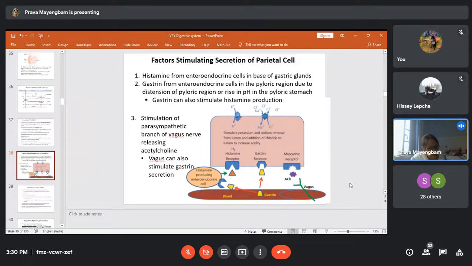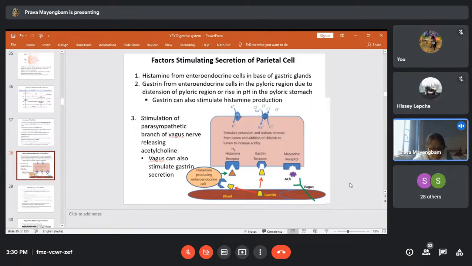I think you will be able to explain it. This is important, you remember this. This is an important topic: how HCl secretion is stimulated. You can also correlate it to how you feel after eating a large amount of food.